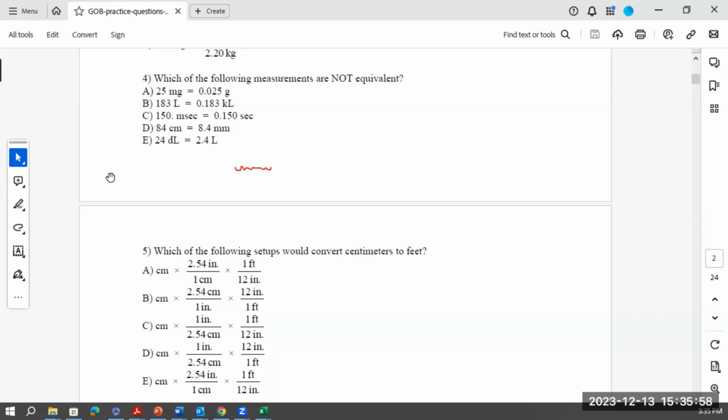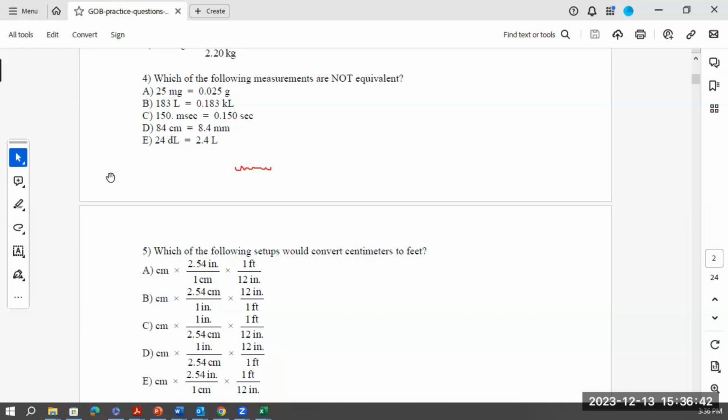Okay, so what about the next one? D as in donkey. What do you guys think about that? So we have 84 centimeters is equal to 8.4 millimeters. Centi, milli.